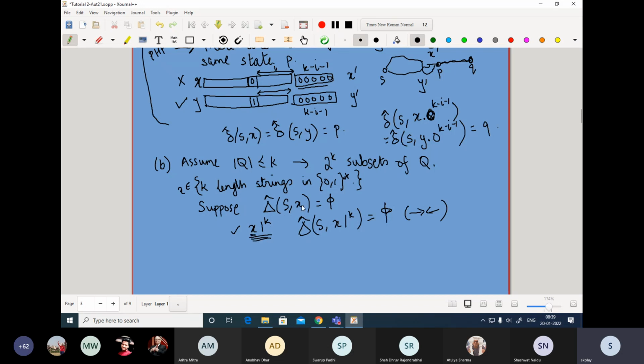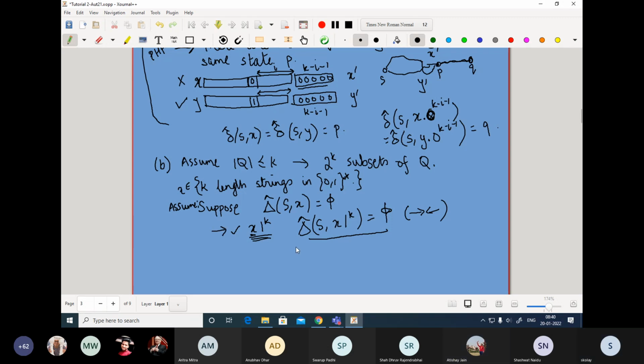If delta hat sx is phi, then delta hat sx1 to the k is phi. Can you tell me why? Ma'am, why are we supposing that delta hat sx is phi? No, this is my statement. Assume this. Then after that, can you prove this statement?